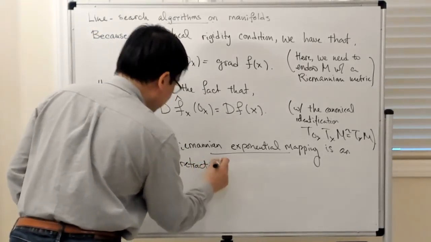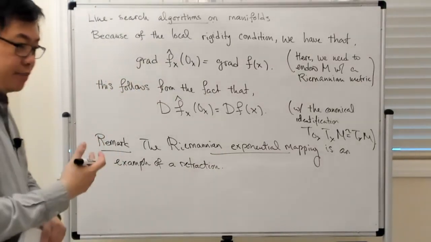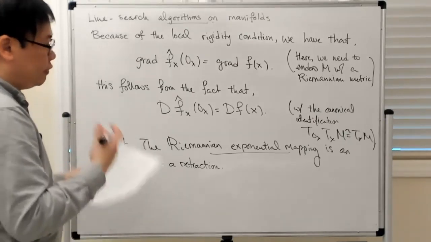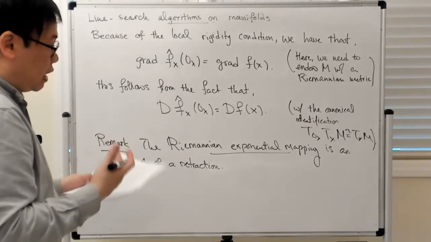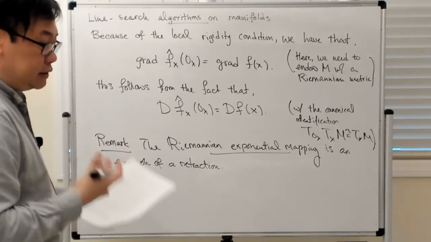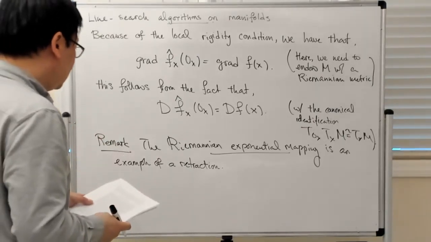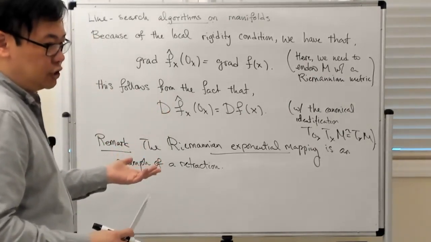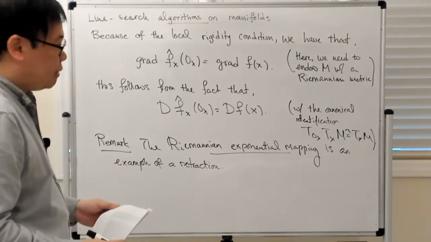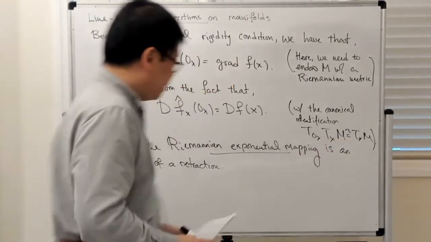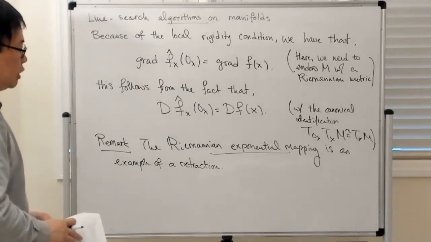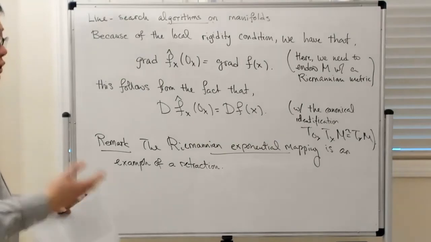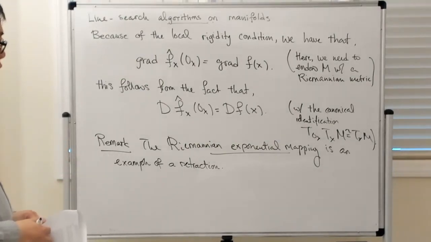That is to say, it's again this map from the tangent space at x to M itself, with the property that R sub x evaluated at a 0 vector is equal to x, and that the linearization, or the differential, has this rigidity property that it's essentially the identity map on T_x M, right? So those two properties are automatically satisfied by what is known as the Riemannian exponential mapping, which you can construct on any Riemannian manifold.